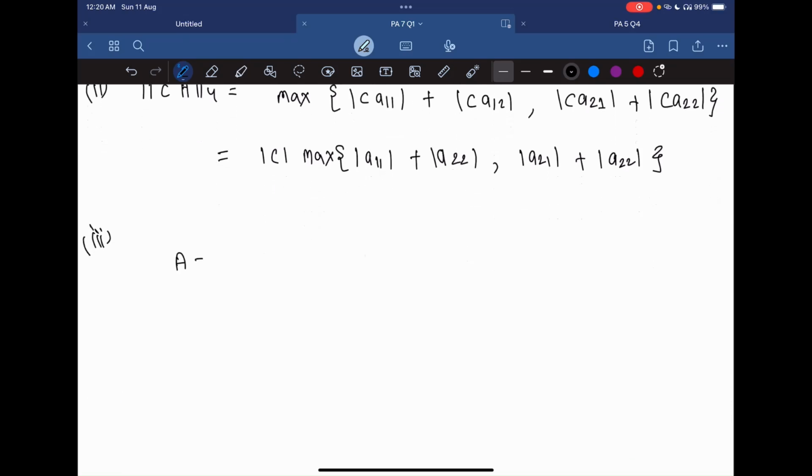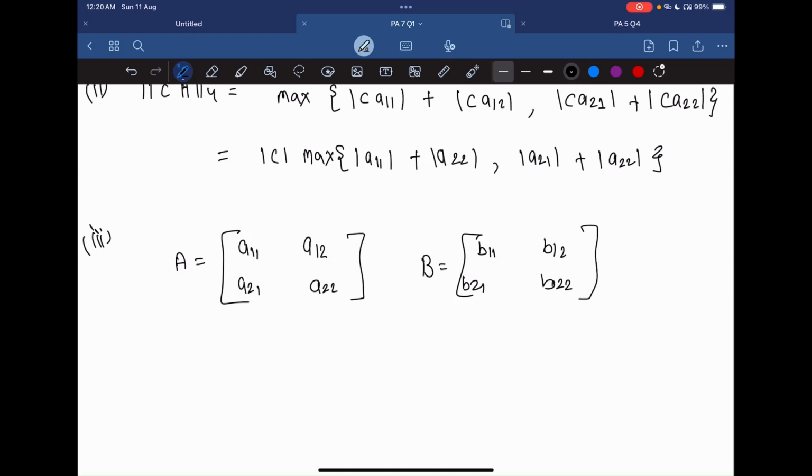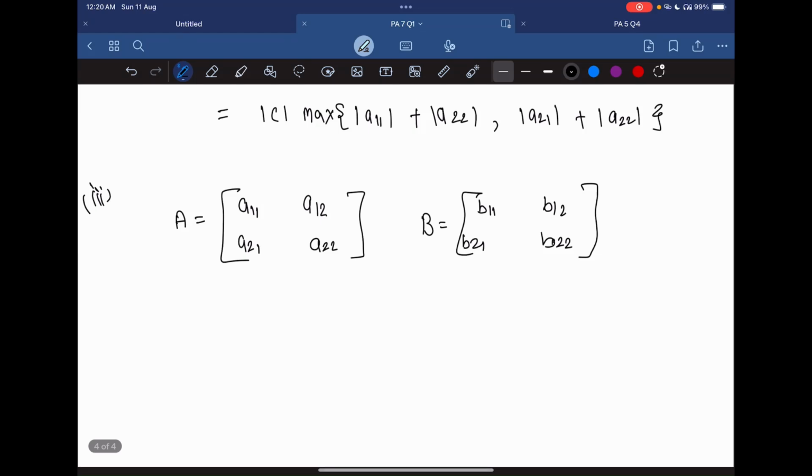So we'll consider two matrices. Our first matrix is the same A matrix, and the second matrix is the B matrix. So A plus B has entries A11 plus B11, A12 plus B12, A21 plus B21, A22 plus B22.